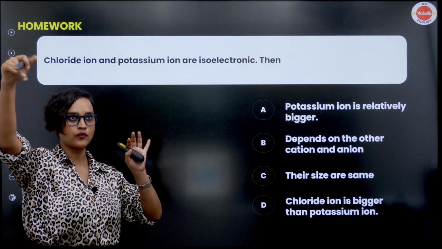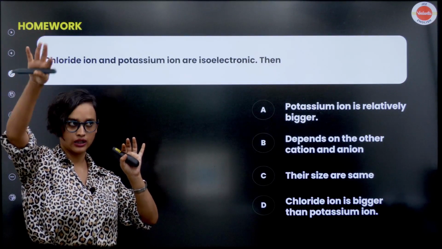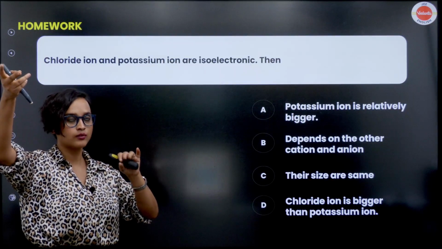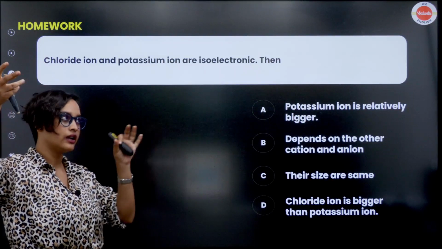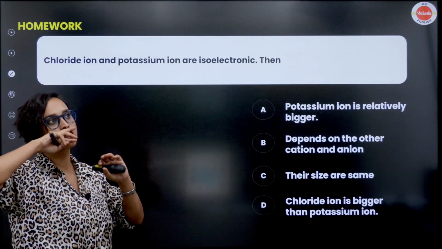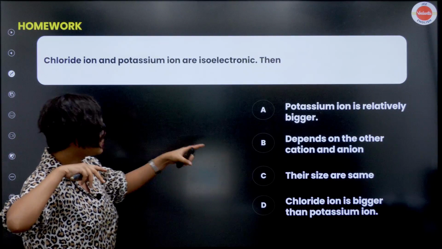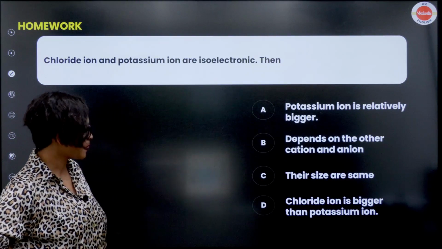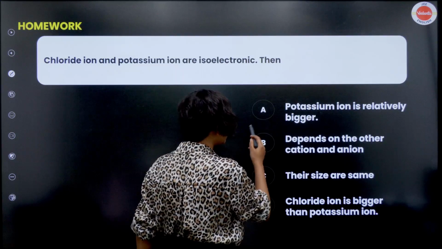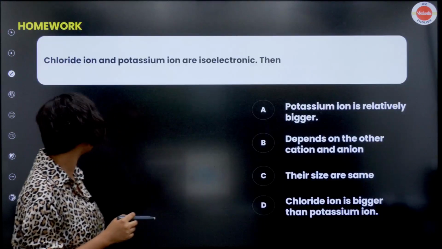Chlorine will have to gain some, potassium will have to lose some to be equivalent. So the potassium ion is relatively bigger. I think it is option A only.